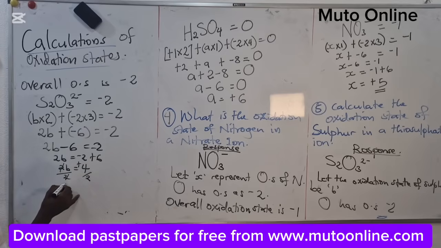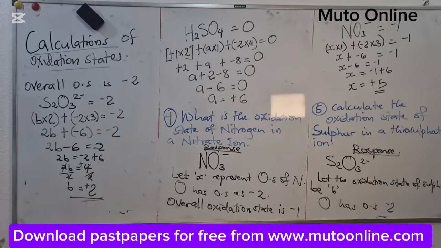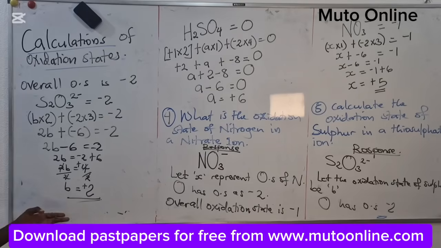A 2 goes into a 2 once, such that our B is a +2. So the oxidation state of sulfur in a thiosulfate ion is a +2. Don't end here, conclude.